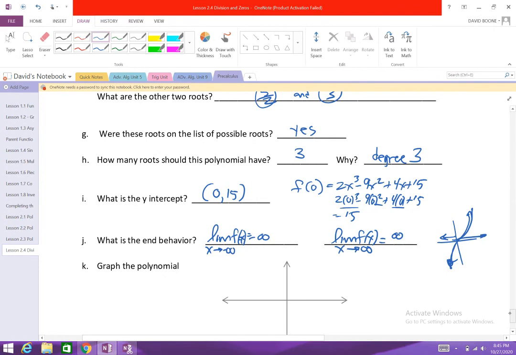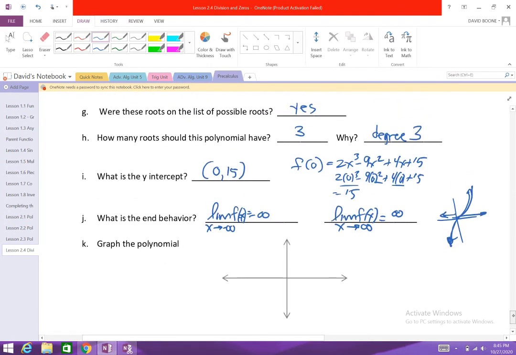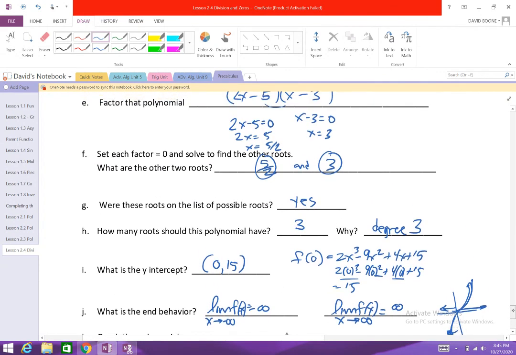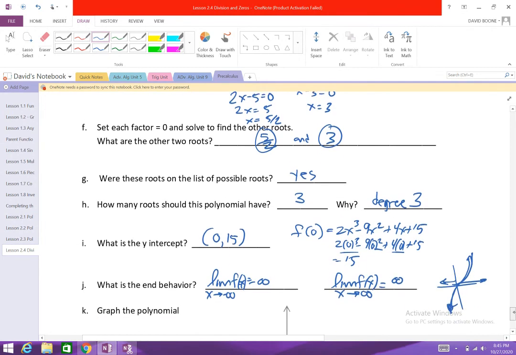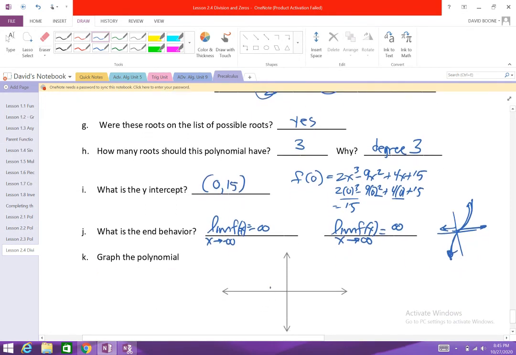To finally graph this, again, knowing that the roots are negative 1, 5 halves, which is 2.5, so 1, 2, 3, so 5 halves, and also 3, the y-intercept is at 0, 15, so let's go 5, 10, 15.